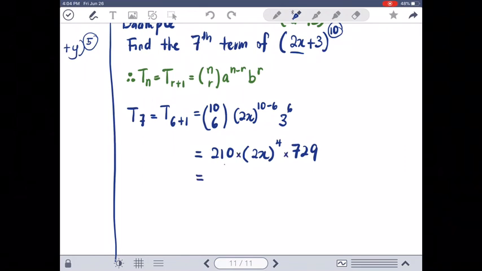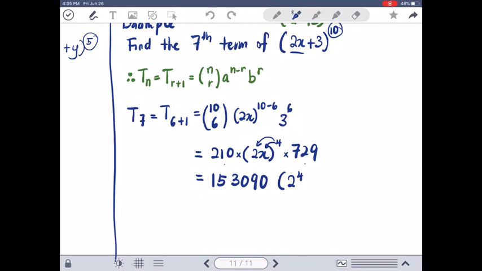Okay, so 10C6 multiplied with 729, we should get 153090, and then 2 to the power of 4 is equal to 16, and we have x to the power of 4.